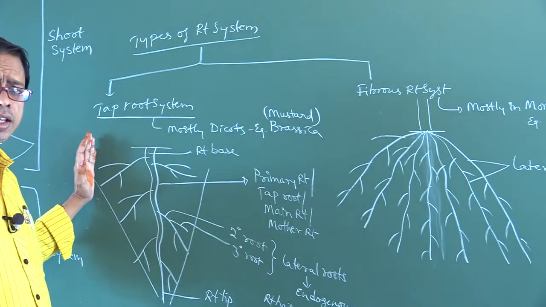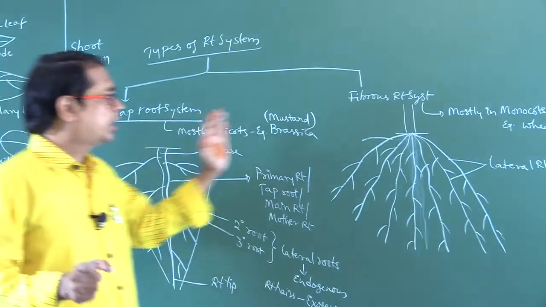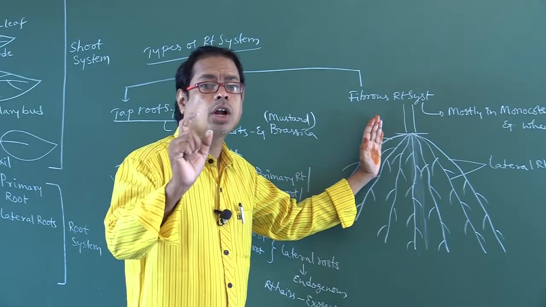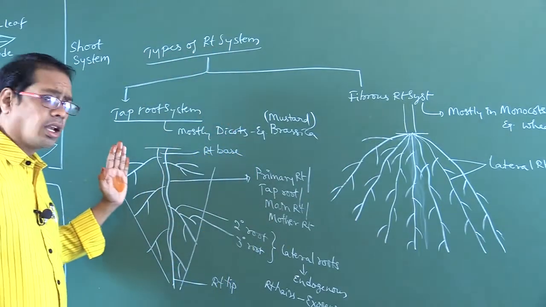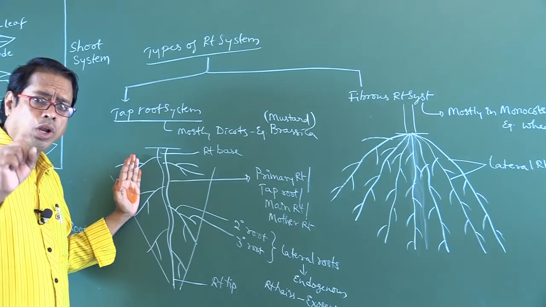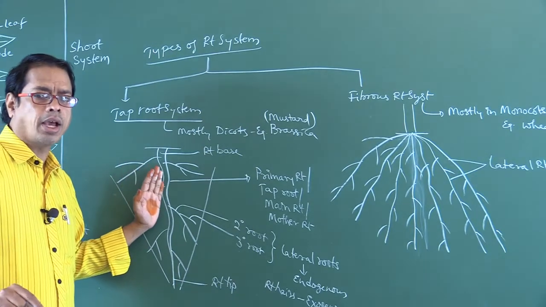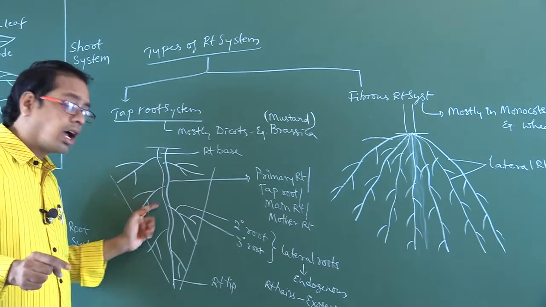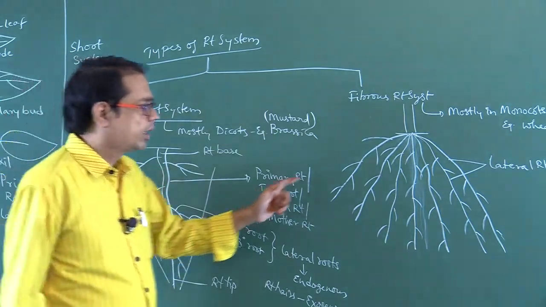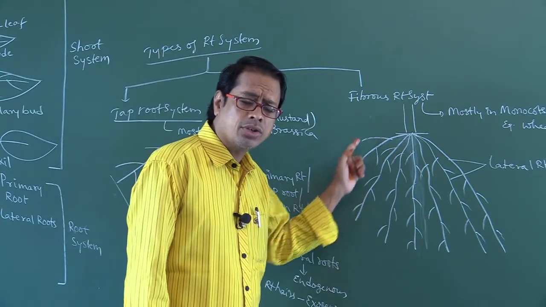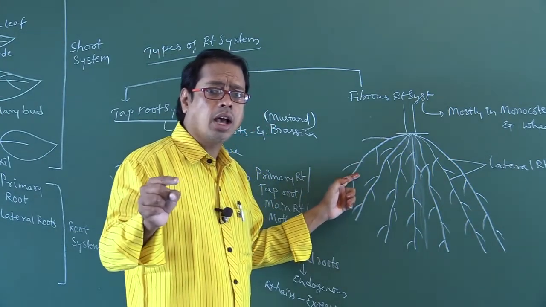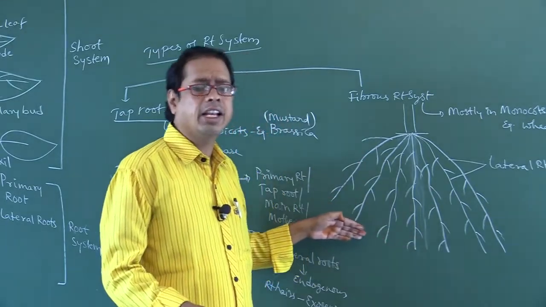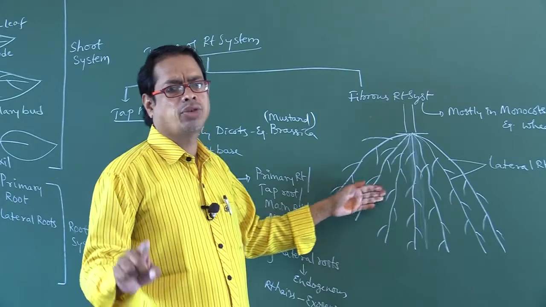Here the radicle is long-lived; in the fibrous root system, the radicle is short-lived. Here lateral roots are arranged obliquely and in acropetal manner. In the fibrous root system, all the lateral roots are almost identical in size, with no acropetal arrangement.